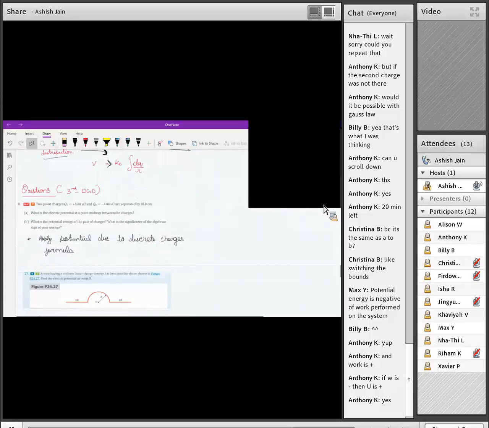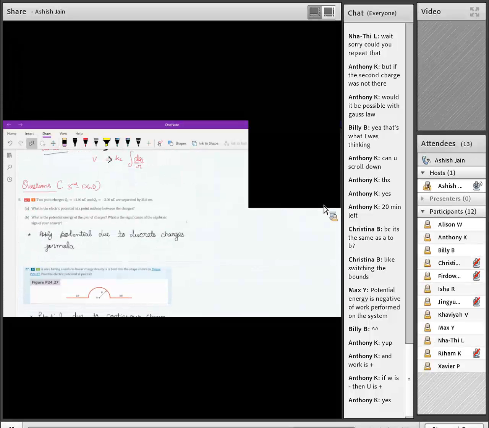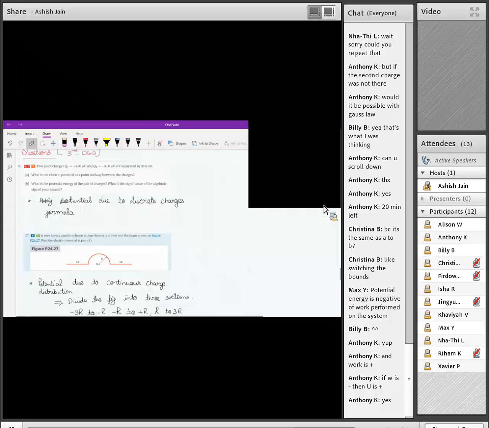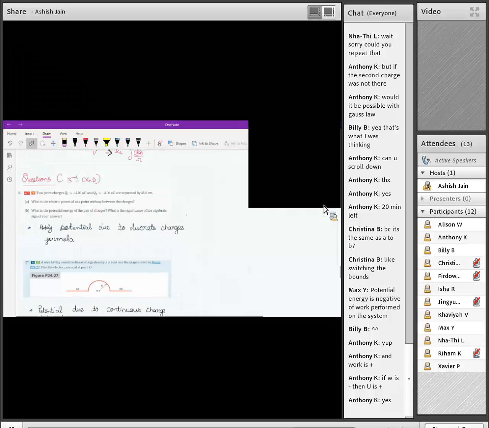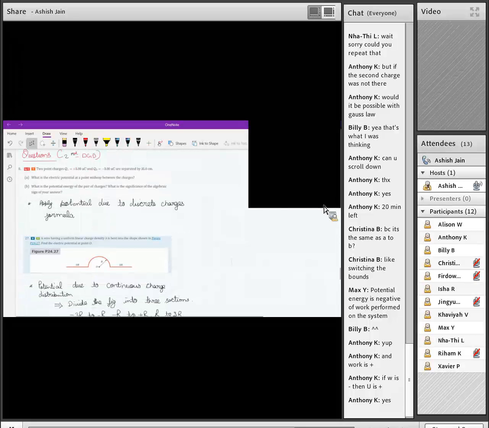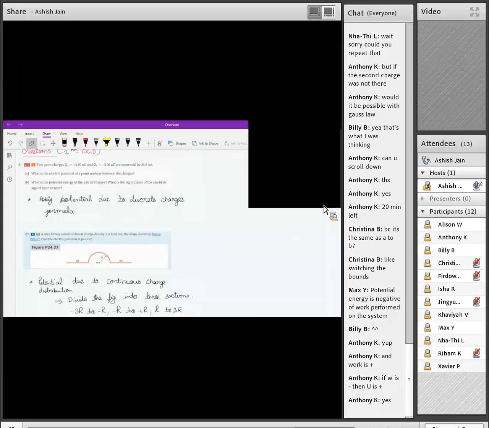Now these are the questions I covered in the second DGD. First, 2 point charges. The first question: 2 point charges are given, 5 nanocoulomb and -3 nanocoulomb, separated by 35 centimeters. Doesn't matter the distance.